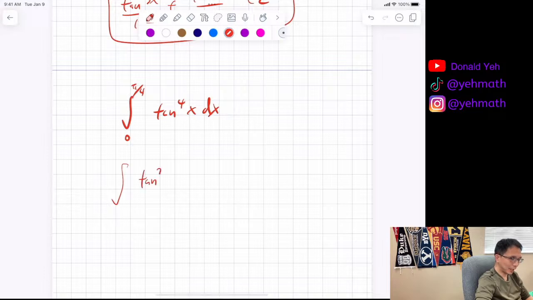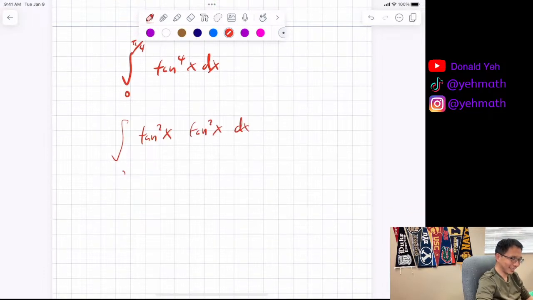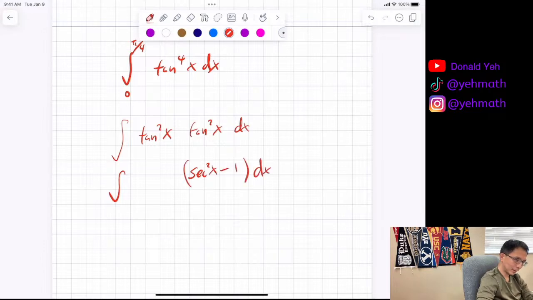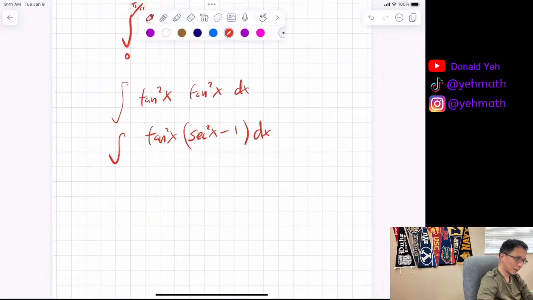All right. Obviously, it's tangent square times tangent square. Good job, guys. Okay. Tangent square can convert to what? Secant square of x minus 1. So it's tangent square of x, secant square of x, minus tangent square of x.